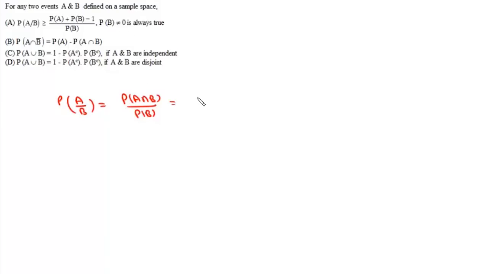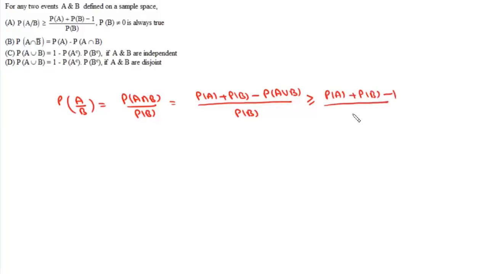Now we can write probability of A intersection B as probability of A plus probability of B minus probability of A union B, upon probability of B. Now maximum value of A union B is 1. So it will always be greater than or equal to probability of A plus probability of B minus 1 upon probability of B. That means this option A, it is correct.